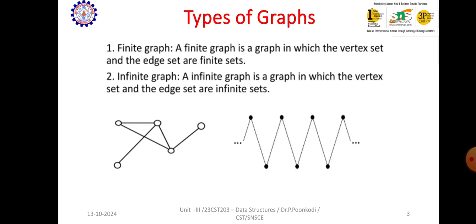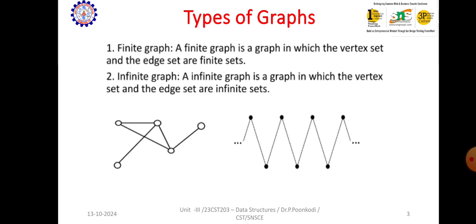Okay. First one is the finite graph and second one is the infinite graph. A finite graph means it is measurable. Okay. It has only a finite set. Then the infinite graph. In this, there is no starting and no ending vertex.